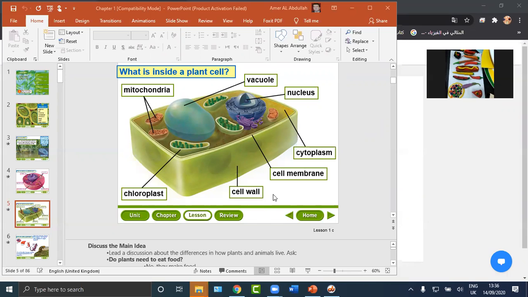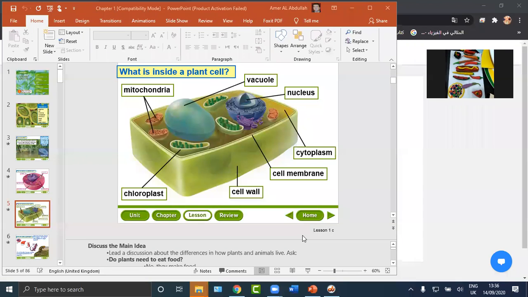Now, page 28. In page 28, how are cells organized? You know we have a cell, tissue, organ, and organ system.